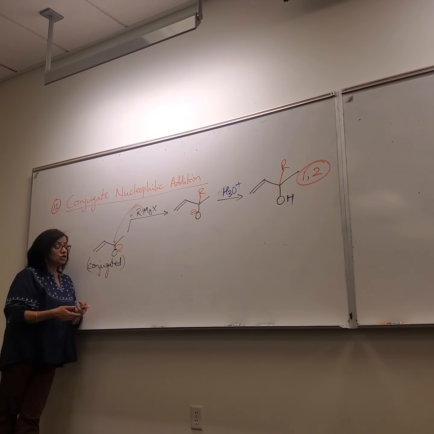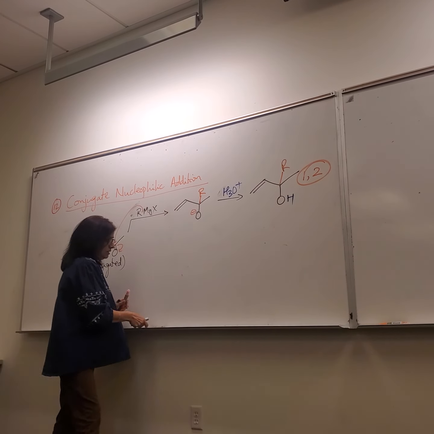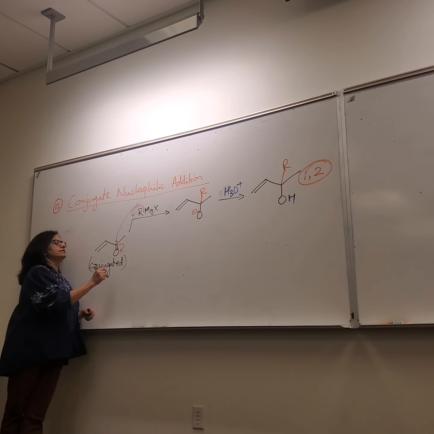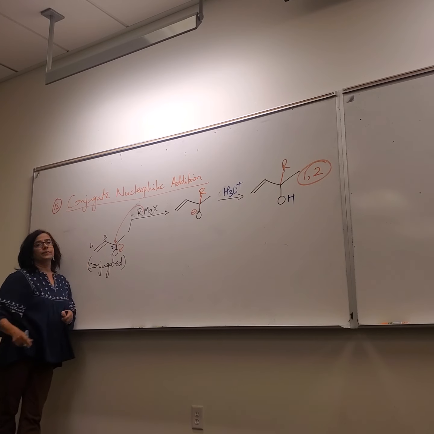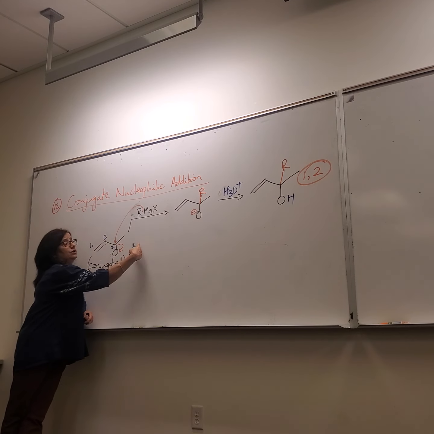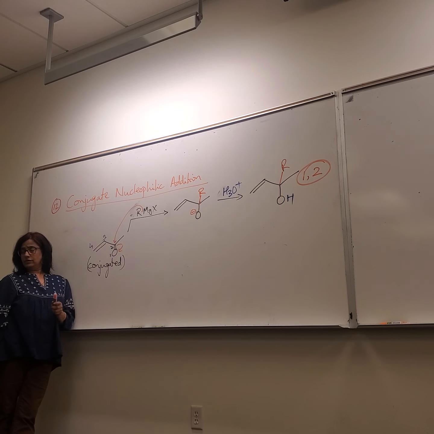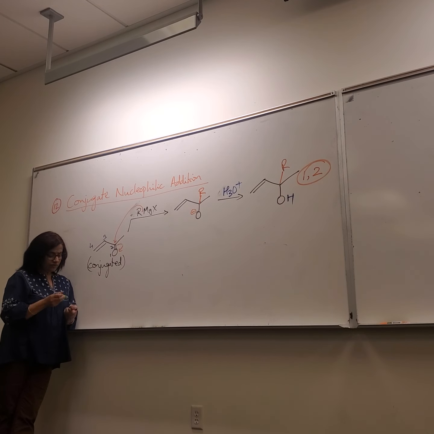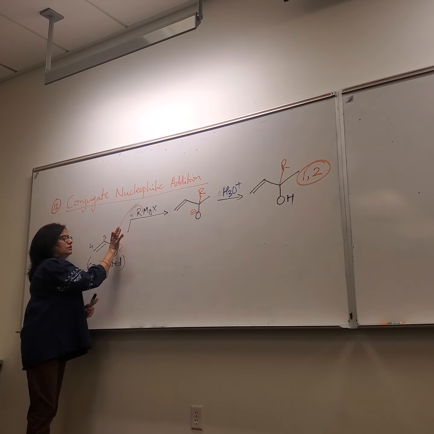Last quarter, when we were numbering the conjugated systems, I would start 1, 2, 3, 4. So it's added 1,2 across one pi bond. Everybody okay? However, there are quite a lot of nucleophiles that actually do conjugate addition.